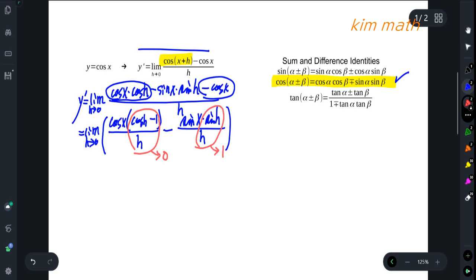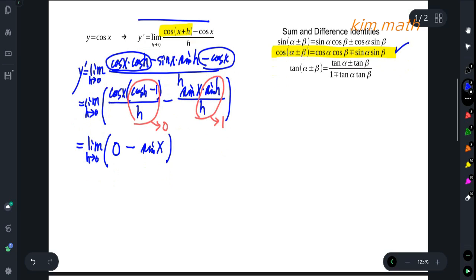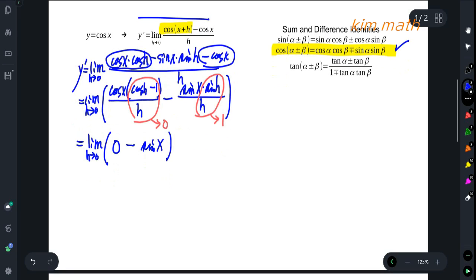Remember that? So you have only the limit as h approaches 0. First part is cosine x times 0 is 0, minus sine x, right? Our expression does not have any h, so you can simply copy negative sine x. Okay? Good.